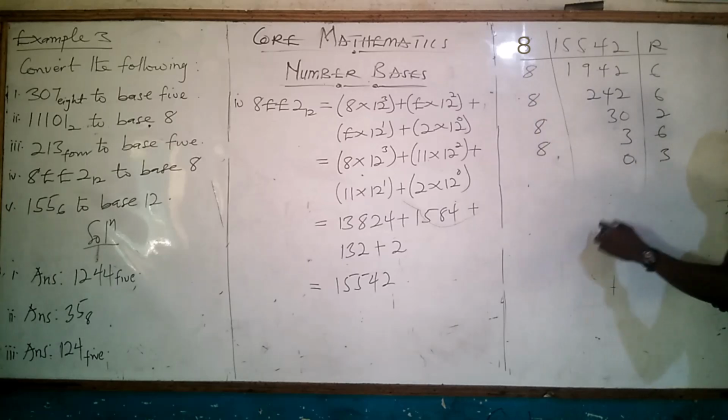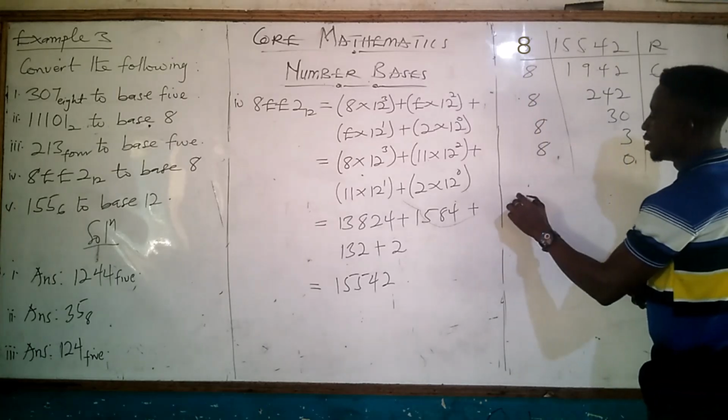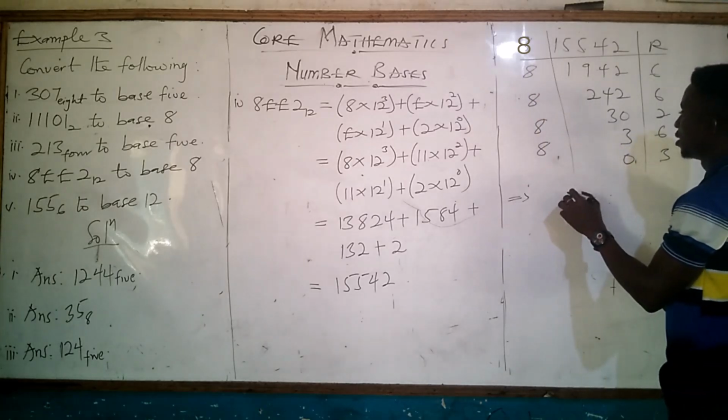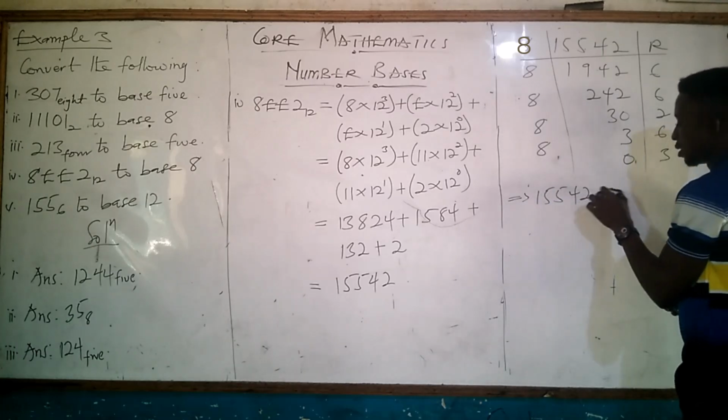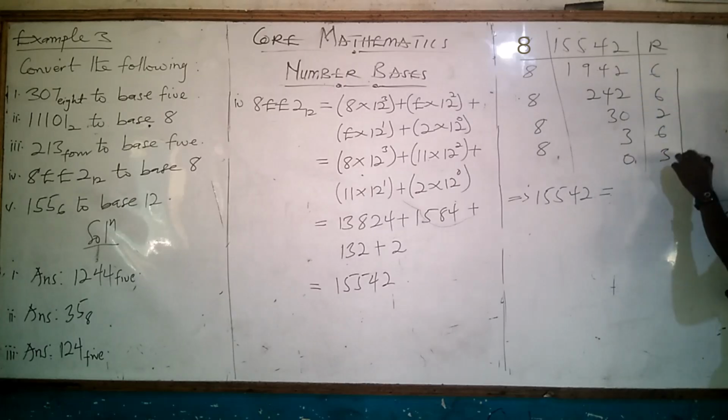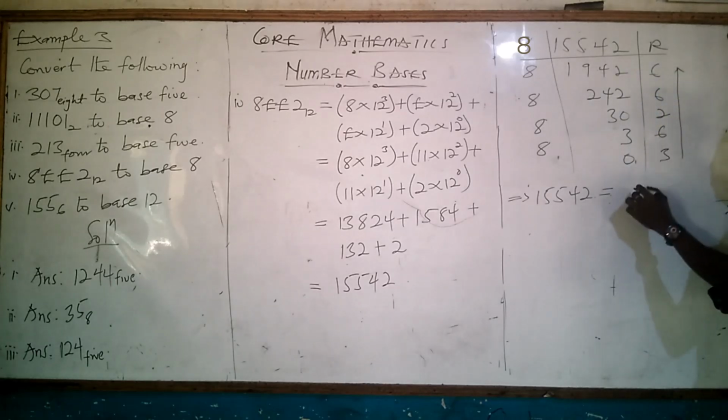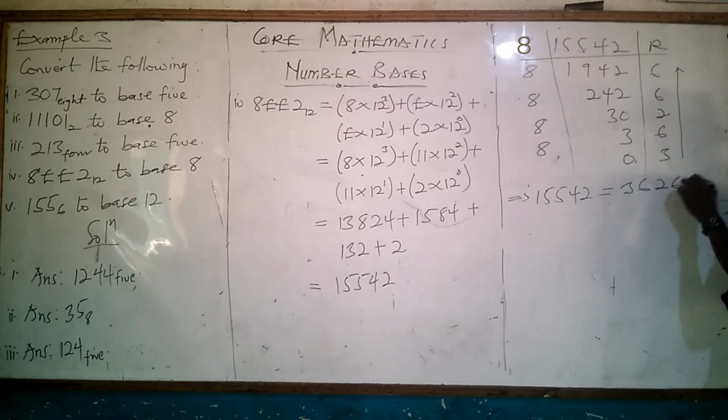Now we create the columns. So then we say this implies that 15,542 is equal to, where is our arrow? So 3, 6, 2, 6, 6 base 8.